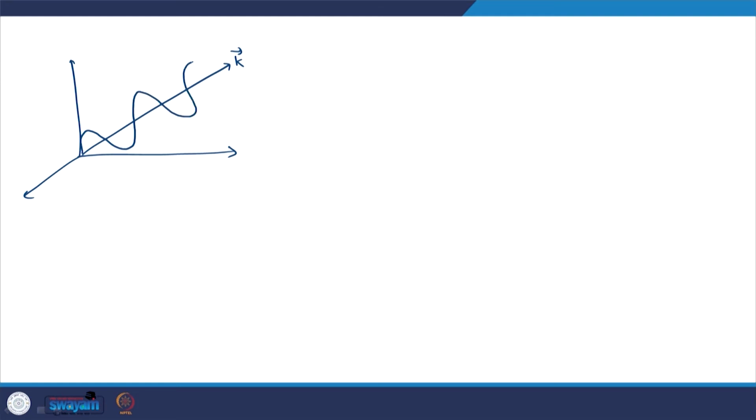Suppose we have an electromagnetic wave going in an arbitrary direction, and the k vector defines the direction of propagation of the wave. The electric field oscillations are like this, and the magnetic field oscillations will be in the perpendicular direction.